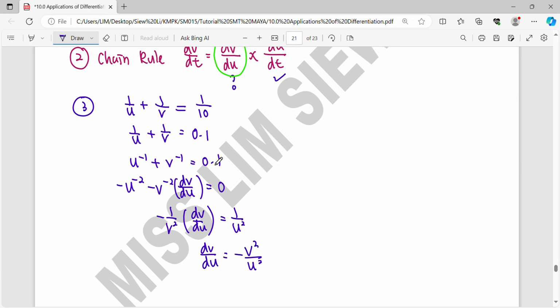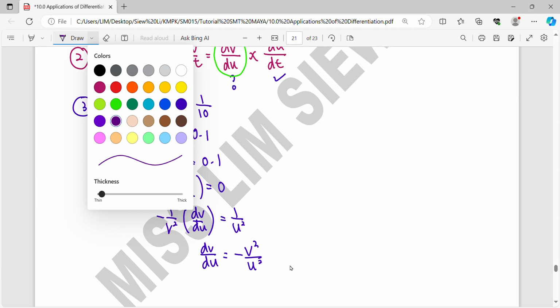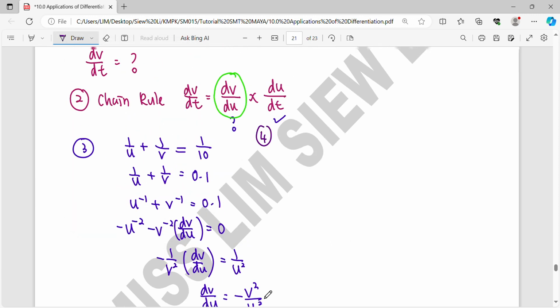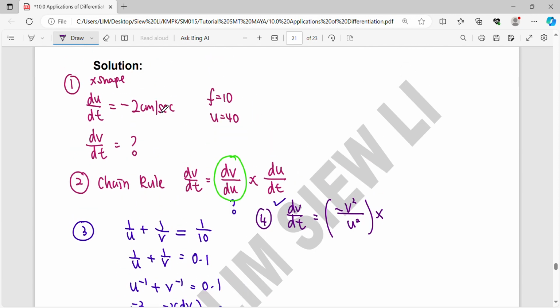So step 3, we obtain the differential equation. Then step 4. In step 4, we substitute everything back into our chain rule. You can see dv dt, where dv du is negative v squared over u squared, and du dt is the information that we got earlier in the question, which is negative 2.